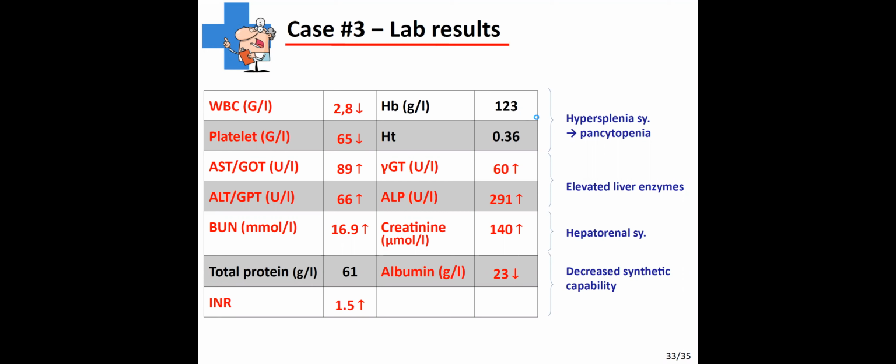Blood urea nitrogen and creatinine reflect hepatorenal syndrome. Usually if somebody has a hepatic problem, that can cause a renal problem as well. That's hepatorenal syndrome. And the synthesis capacity of the liver decreases. This is why we have decreased albumin, and the coagulation factor level is possibly decreased.